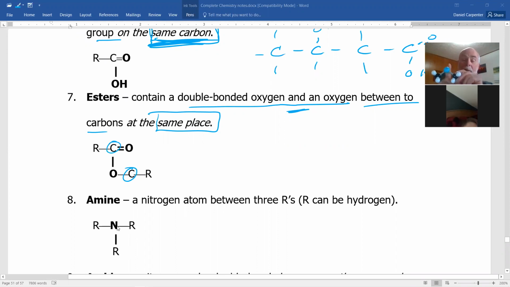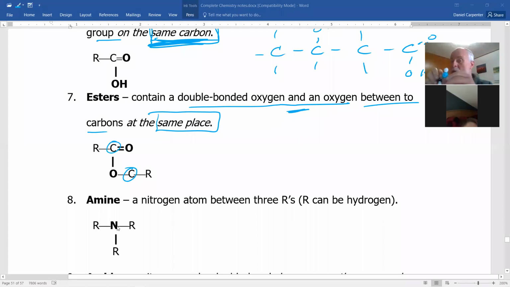Now, here's the thing that throws people. In this case, the third R can be just a hydrogen. So now we've got 1, 2, 3 R's.